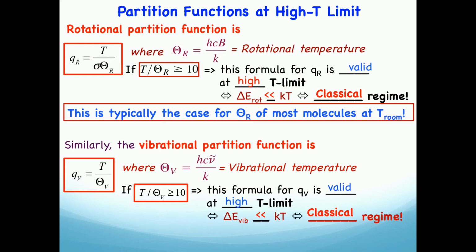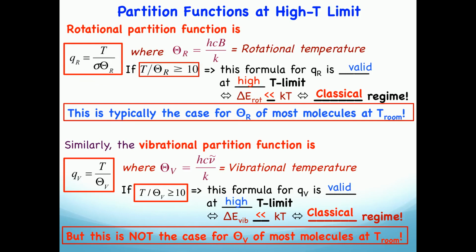Unfortunately, and here's a big difference, this is not practical. This is not a regular case for most of the molecules. You really need to go to thousands. We usually need to go to probably more than 1,000 kelvins, really very, very high temperatures, to reach this limit for regular molecules.